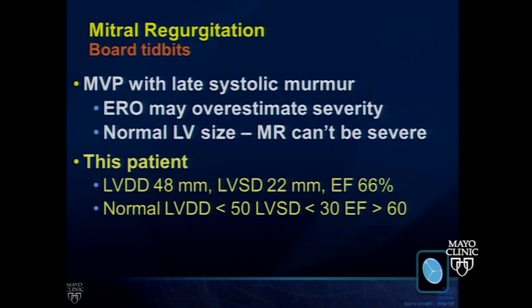Now, the other thing to remember is that you always have to look at the size of the left ventricle when you're looking at these regurgitant lesions. And her left ventricular dimension was 48. That's completely normal. You cannot have severe chronic regurgitation with a normal sized left ventricle.